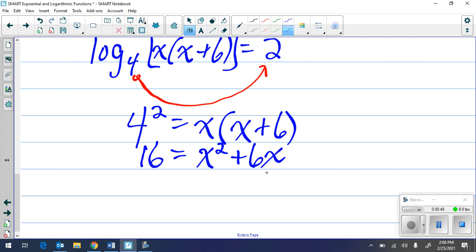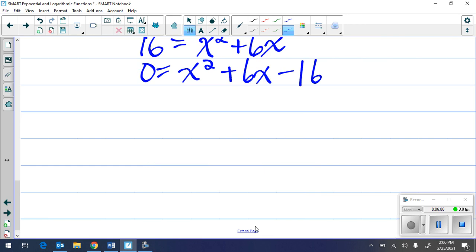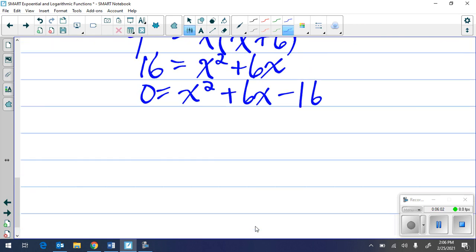Distributing my x, subtracting 16 from both sides. And then I either need to factor or I need to use the quadratic formula. But multiplies to negative 16, adds to 6.